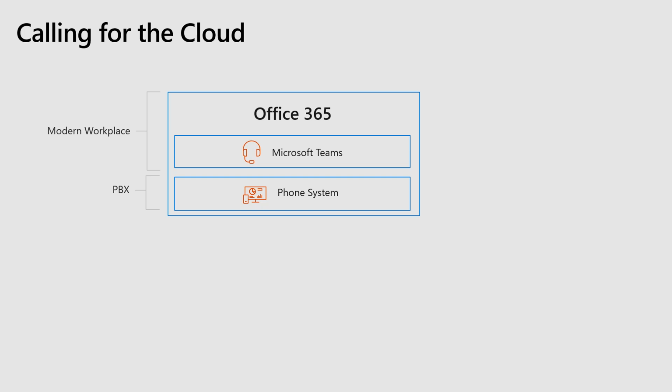It does do calling, but calling is more like federated and your colleagues, your internal people. But if we want to do calling in the cloud, really telephony, we have to add a phone system to our Microsoft Teams application, which means the underlying infrastructure required to do phone calls, called the PBX part.